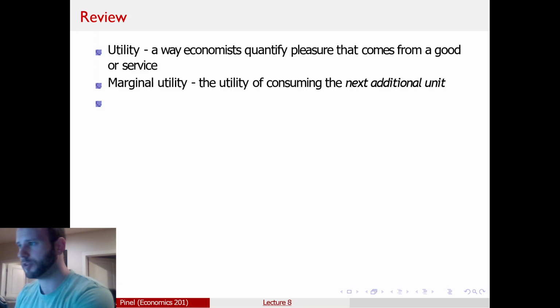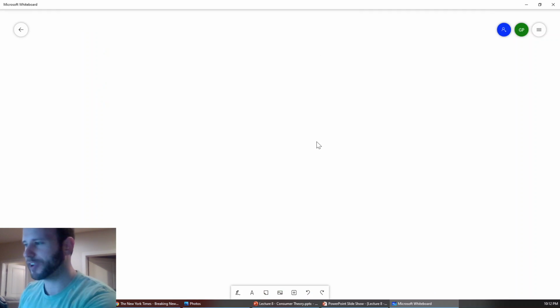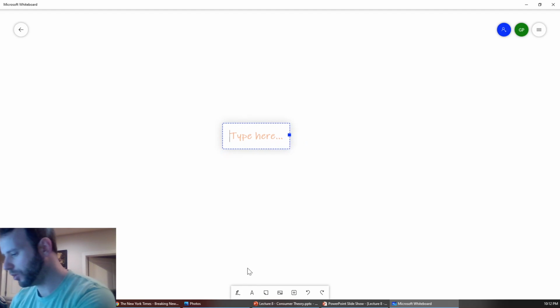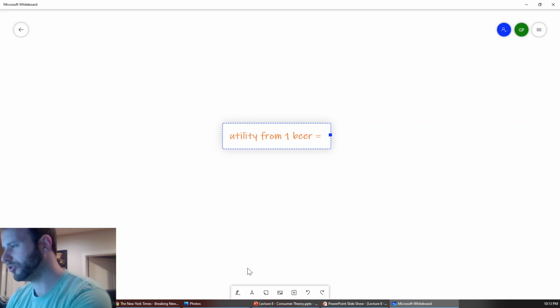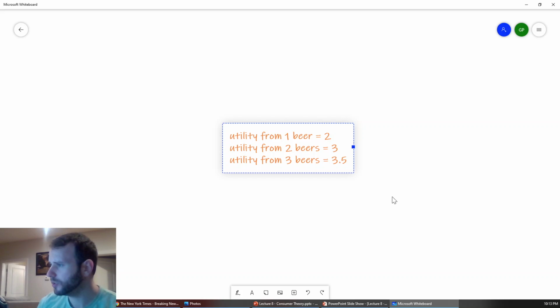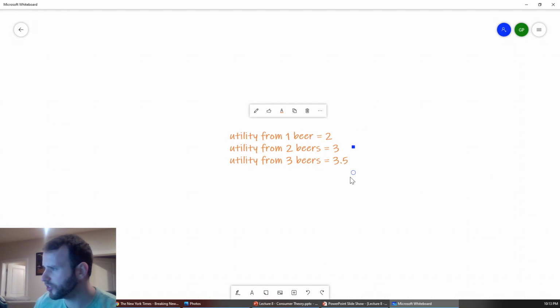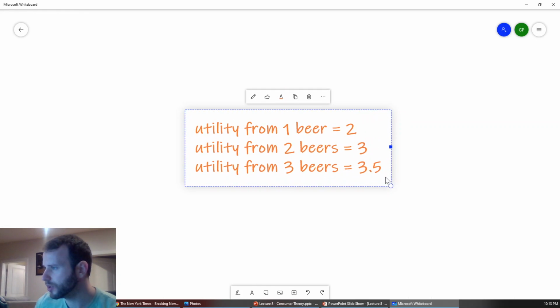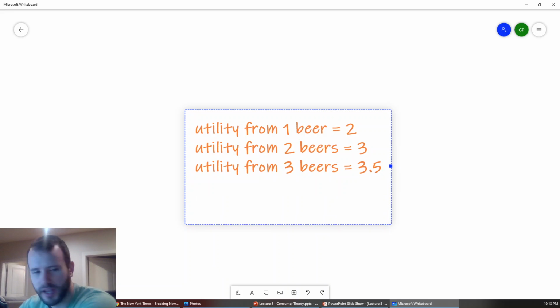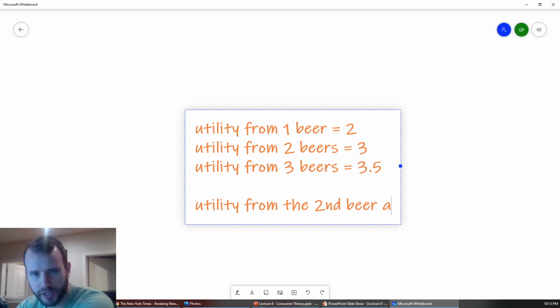Okay, so let me write this down because it's very easy to lose track, just like I just did. So utility from 1 beer equals, let's say, 2. Utility from 2 beers equals 3. Utility from 3 beers equals 3.5. Marginal utility is essentially a way of taking this and seeing what the utility from the second beer alone is.